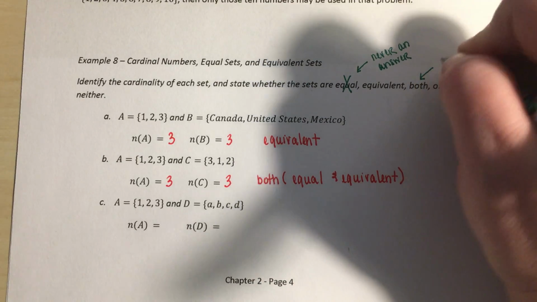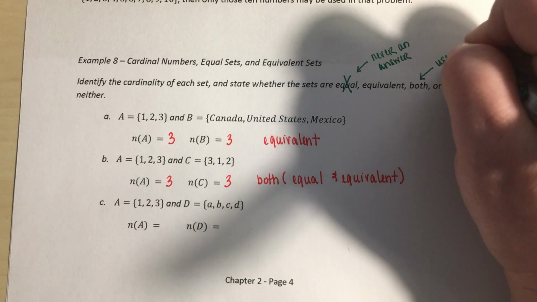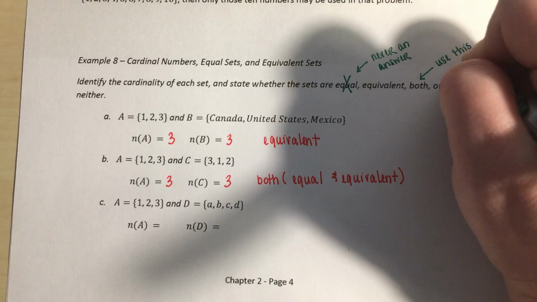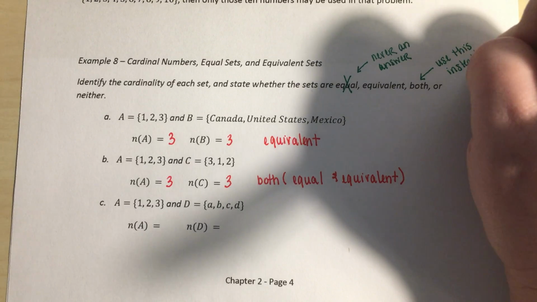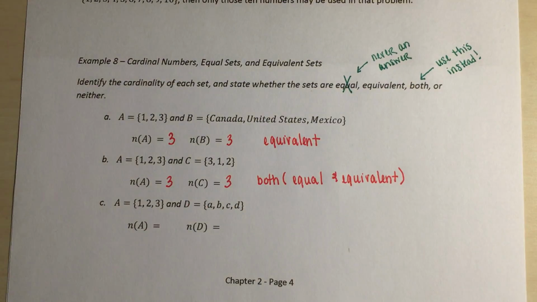So instead of using equal, we're going to be using both. Okay. So if a set is equal, it will also be equivalent. So notice that we did use both in that last example.